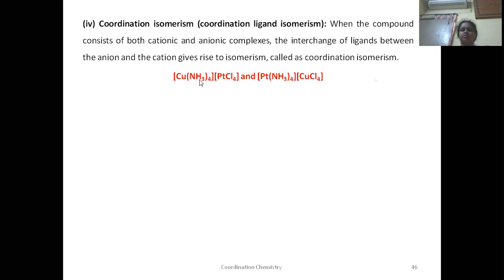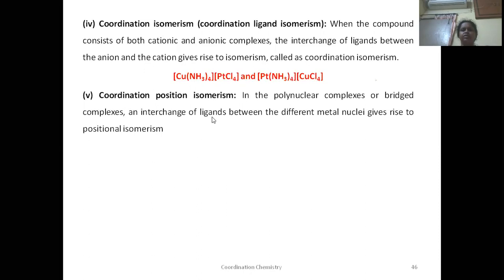You can see here ammonia are the ligands with central metal atom copper. Here chloride are the ligands with central metal atom platinum. If you see this complex, the ligands are exchanged between the central metal atoms. Here chloride are linked to copper, whereas ammonia are linked to platinum. Such type of isomerism we can see where cation and anion are both complexes.